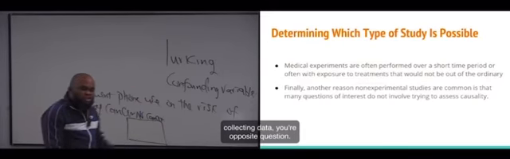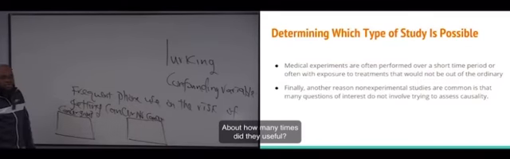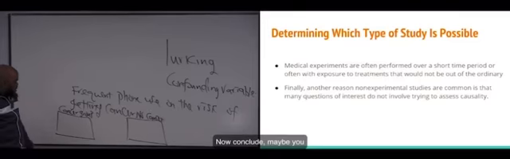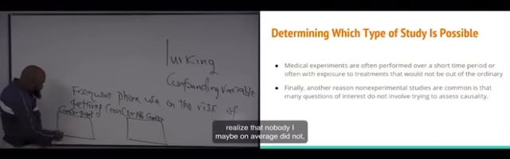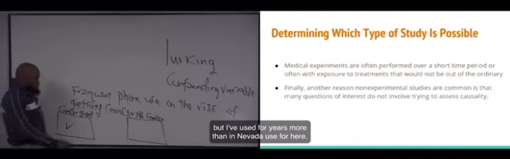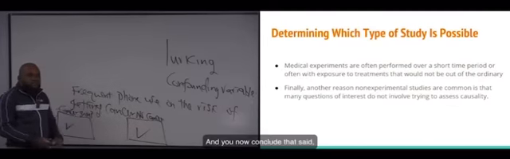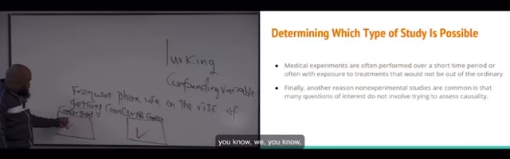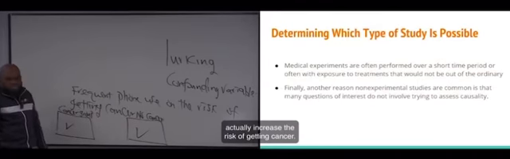You ask them questions about how many times they use the phone. And you now conclude. Maybe you realize that, on average, the number that use the phone here is more than the number that use the phone here, and you conclude that frequent phone use could increase the risk of getting cancer.